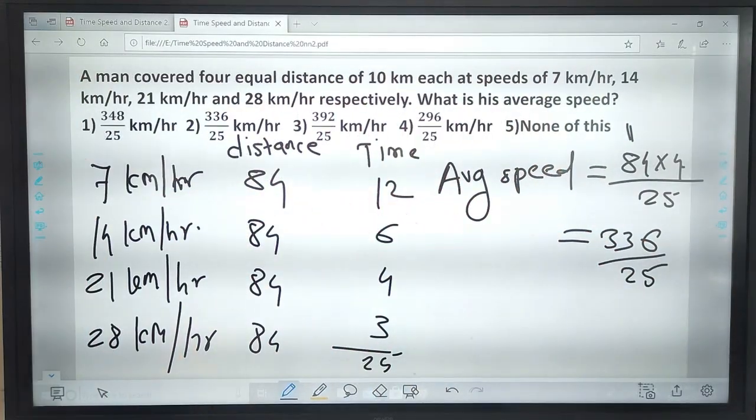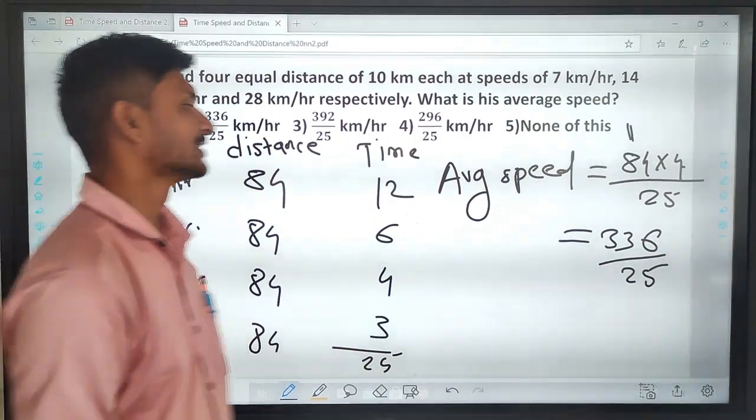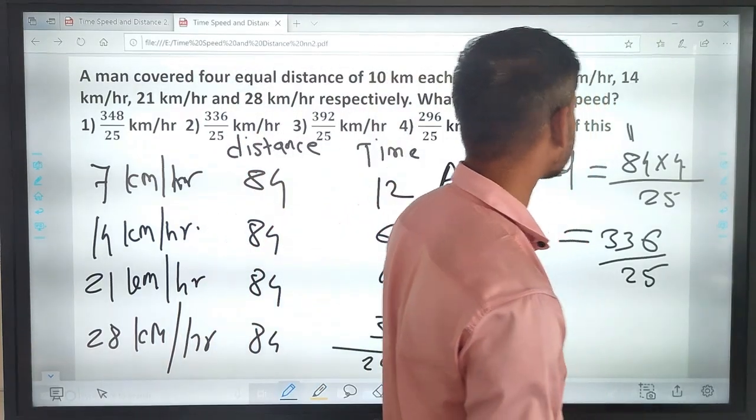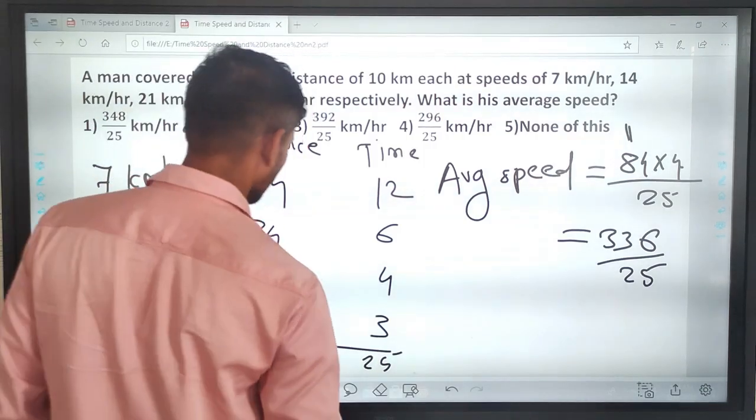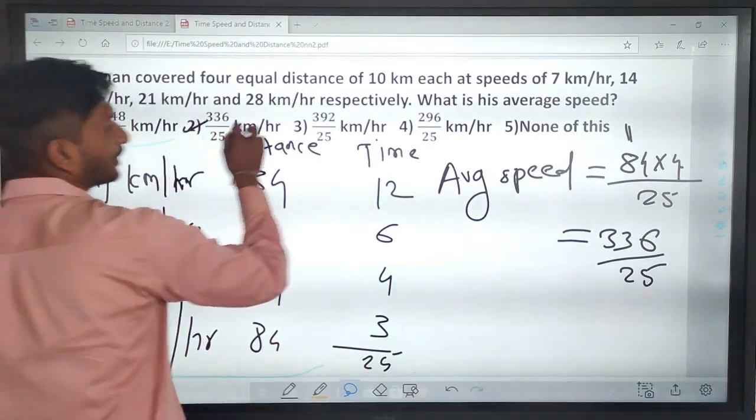Here your average speed is 336 divided by 25 kilometers per hour.